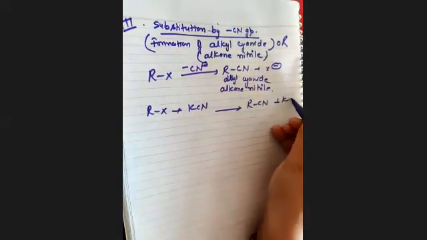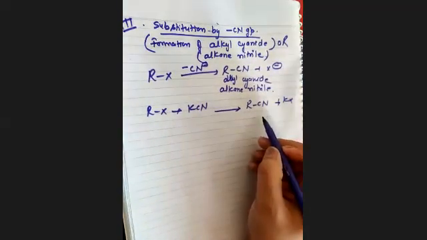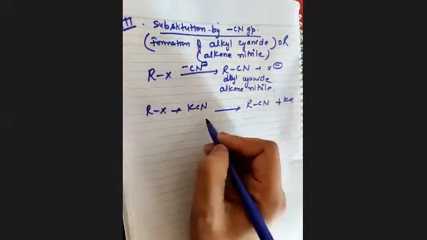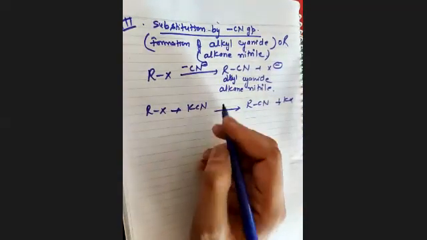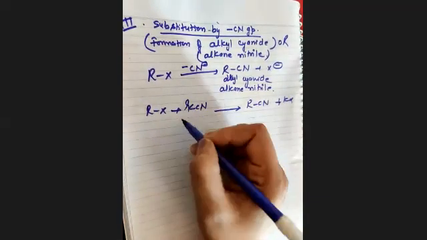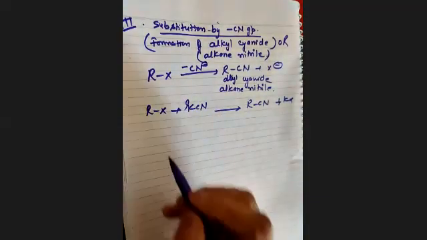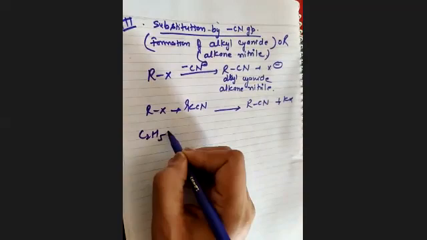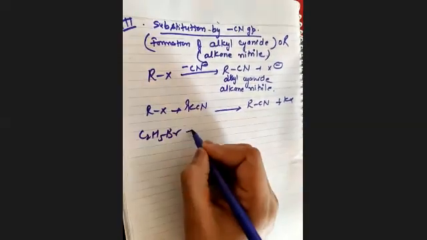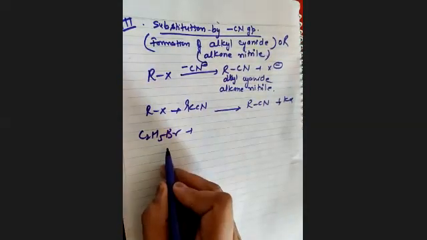So what you will get? RCN plus KX. I think you are familiar with this. So let's take C2H5Br as an example.